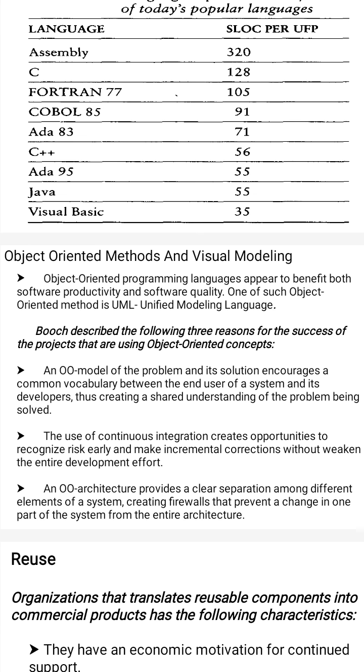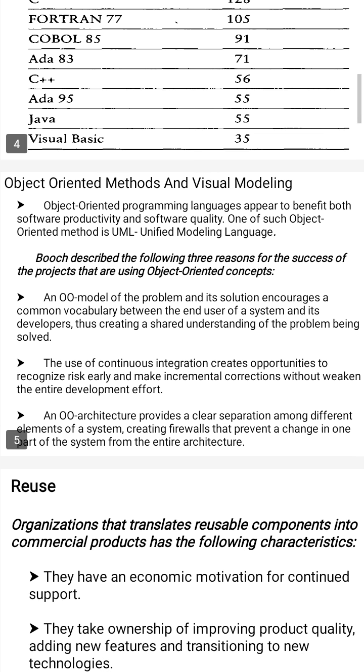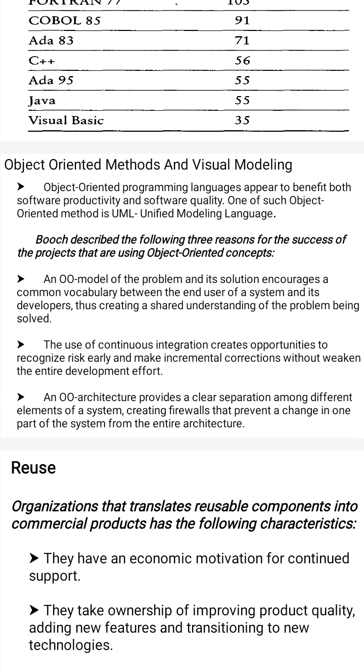There are three points to improve software quality by applying object oriented languages. First, an object oriented model of a problem and its solution encourages a common vocabulary between the end user of the system and its developers.